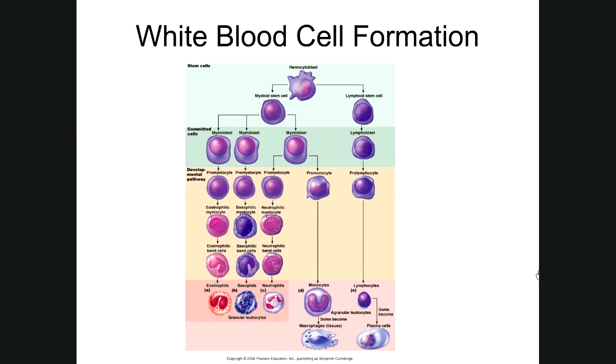They destroy bacteria, which are called pathogens, by phagocytosis, P-H-A-G-O-C-Y-T-O-S-I-S. It means cell eating. And by bacteriolysis, which means cell bursting or cell destroying. Well, cell will be bacteria. They have enzymes that will do that.